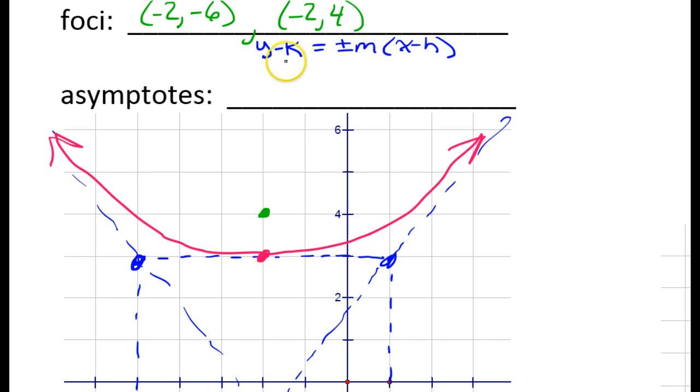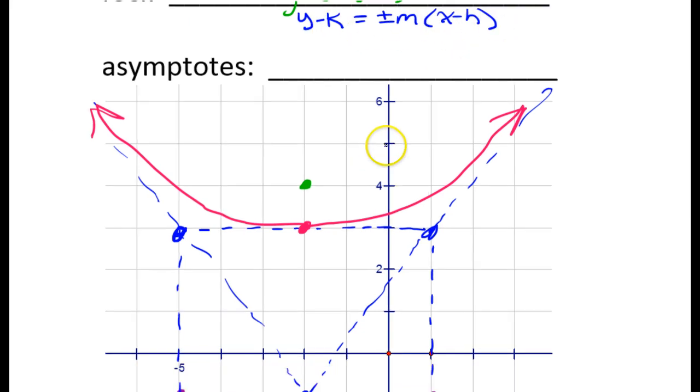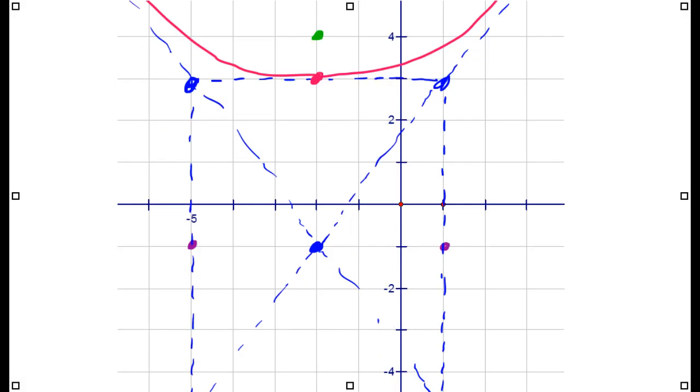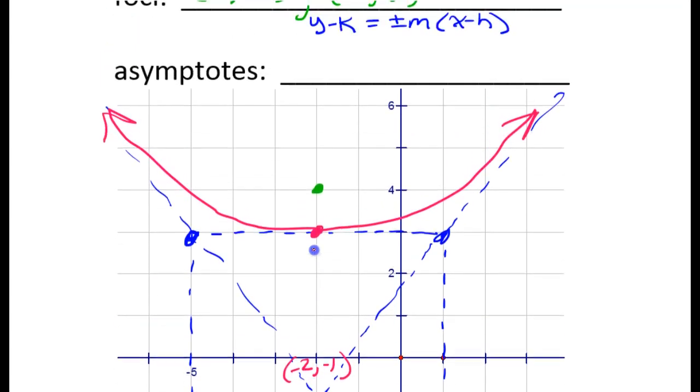M is the slope, and the point I'm using, the h comma k, is the center. Remember that the center is -2 comma -1. Don't forget that. So this is my h and my k.